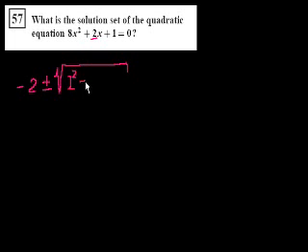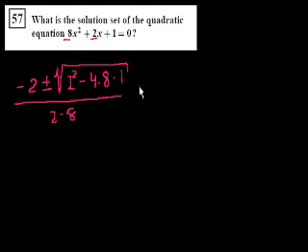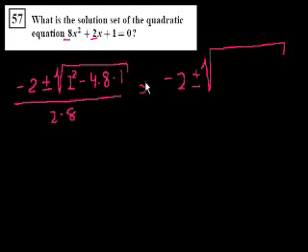So it's negative b. b is 2, right? So it's negative 2 plus or minus the square root of b squared. Well, that's 2 squared. Minus 4 times a. A is 8 times c, which is 1. All of that over 2 times a, so 2 times 8, which is equal to minus 2 plus or minus the square root of 4, let's see, did I write this down?